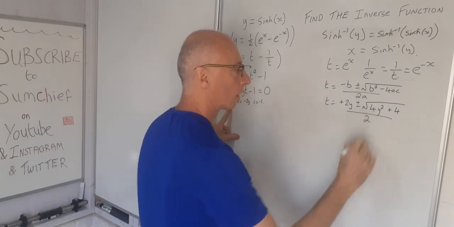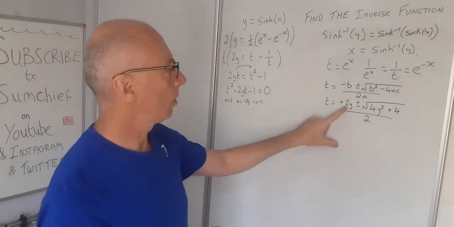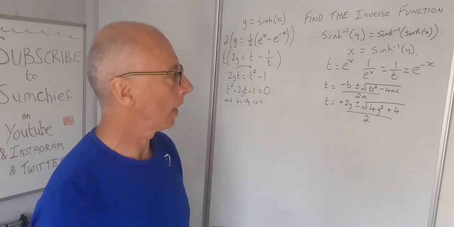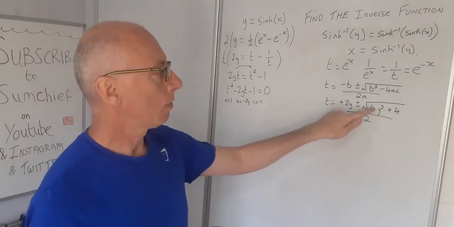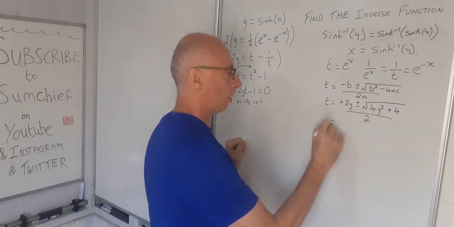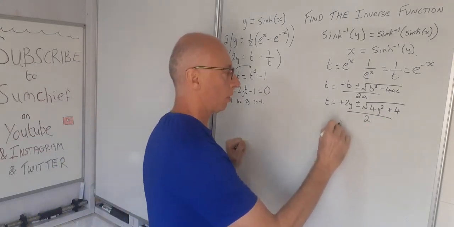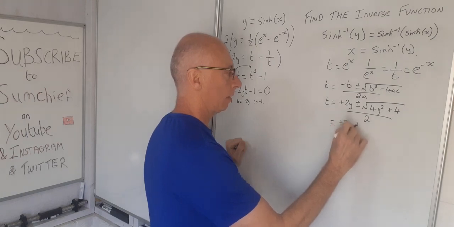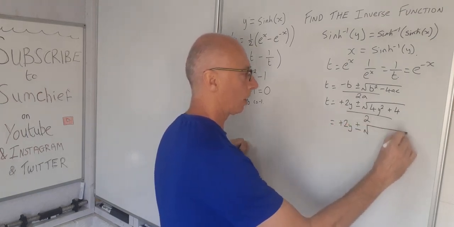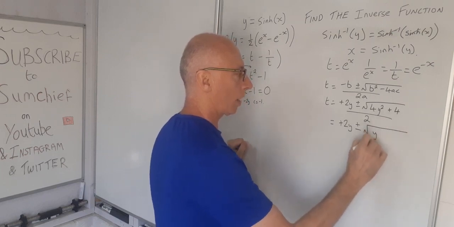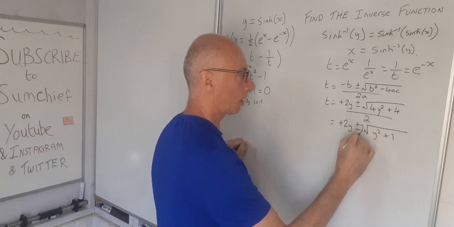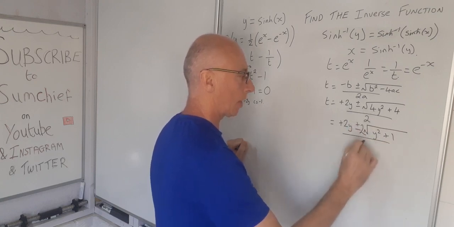Okay, so we've got a 2 here, a 2 here, a 4 and a 4 in the radical here. So if we take the square root of 4 out of this, we're left with a 2. So therefore we've got t equals plus 2y plus or minus, and then we've got square root of y squared plus 1, and then the square root of 4 comes out, which then gives us a 2, and then divide that by 2.